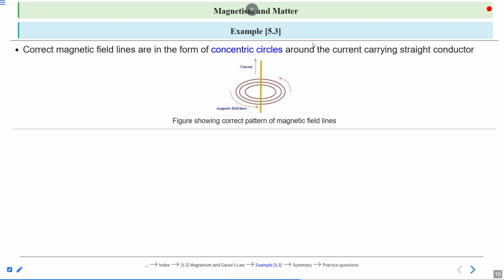This is a conductor carrying current in this direction, and this is the pattern of magnetic field lines. The figure shows the correct pattern. The earlier pattern is incorrect, and it better represents the electrostatic field for a conductor or insulator carrying static charge.